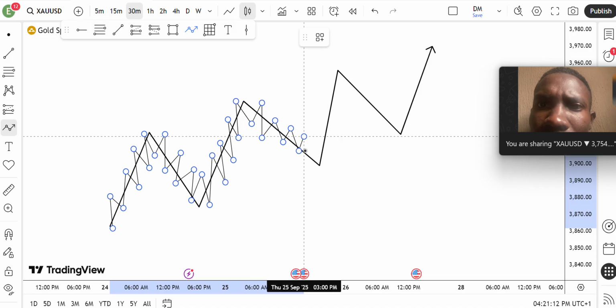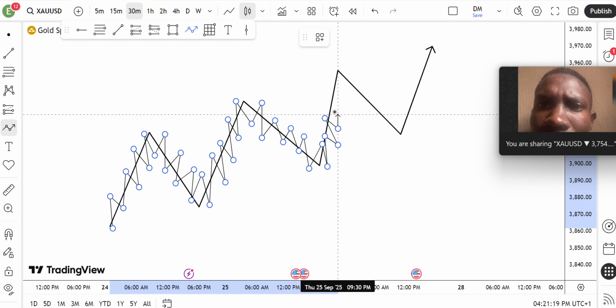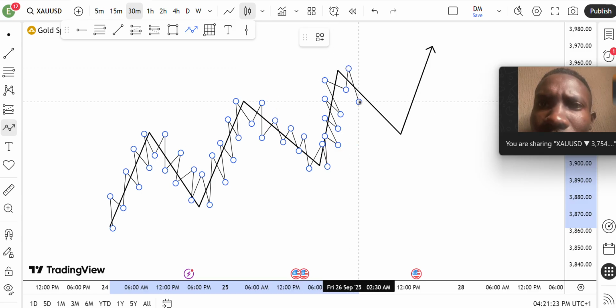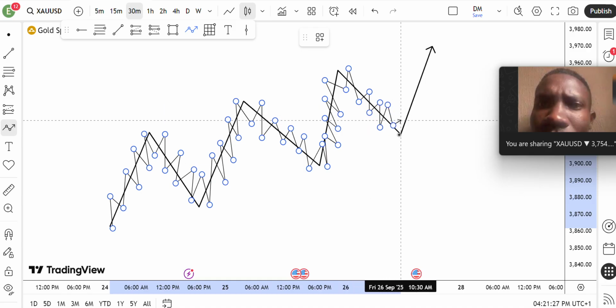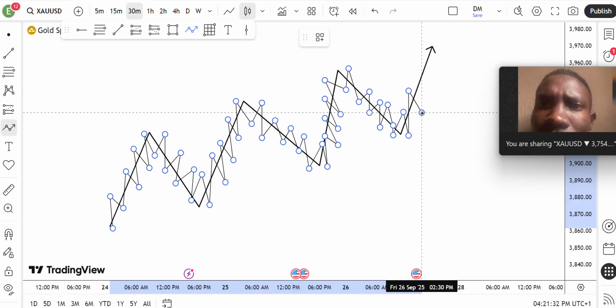At some point, price will have to take some out to be able to continue. So that is another form of liquidity, internal range liquidity. When internal range liquidity is taken, most times price can continue to take out a high or a low.